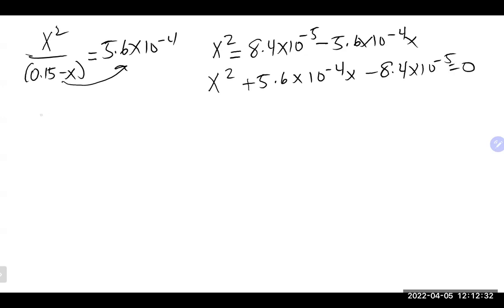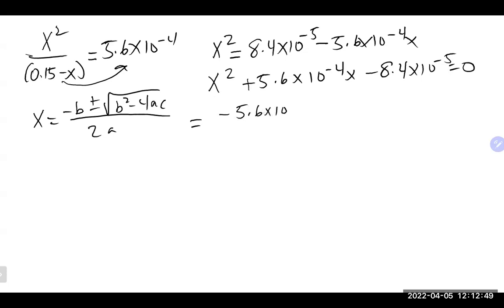At this point, we'll go into our x is equal to minus b plus or minus the square root of b squared minus 4ac, divided by 2a. Putting our values in there, looks like we get a minus 5.6 times 10 to the minus 4, plus or minus, if you do everything inside the square root, I think you end up with something like 3.36 times 10 to the minus 4.